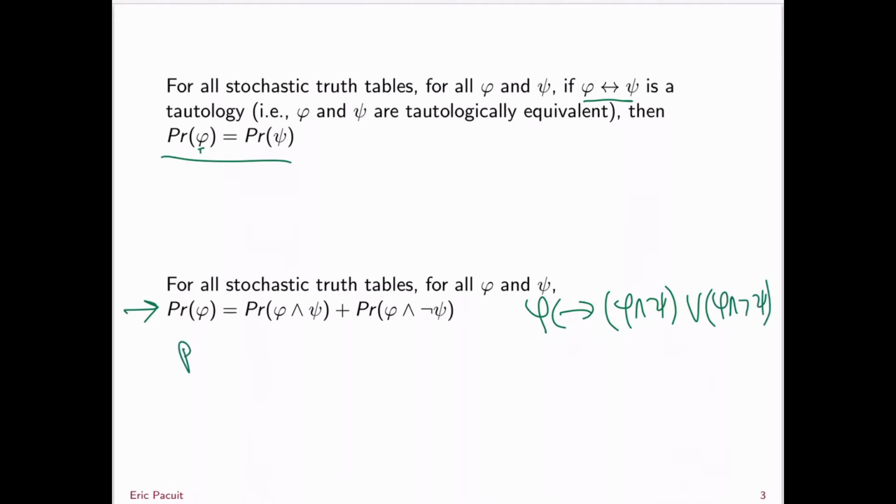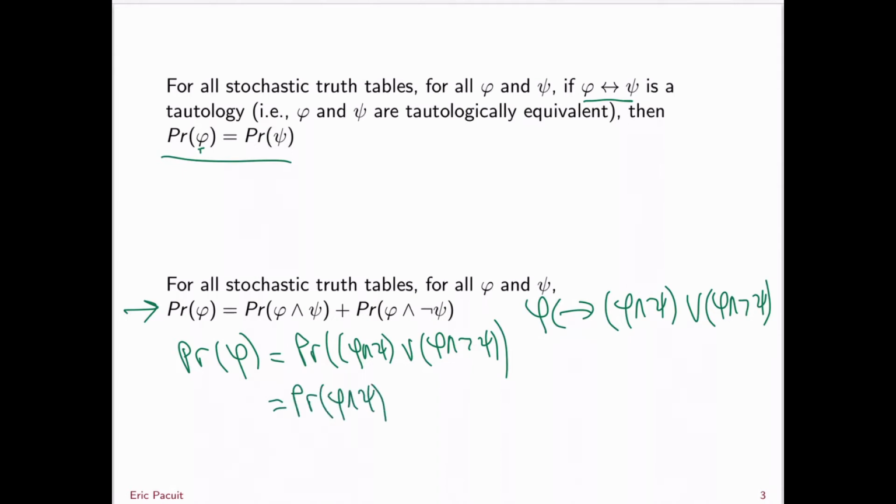So this tells me that the probability of phi must be equal to the probability of phi and psi or phi and not psi. But of course, phi and psi and phi and not psi are mutually exclusive, so this is equal to the probability of phi and psi plus the probability of phi and not psi.